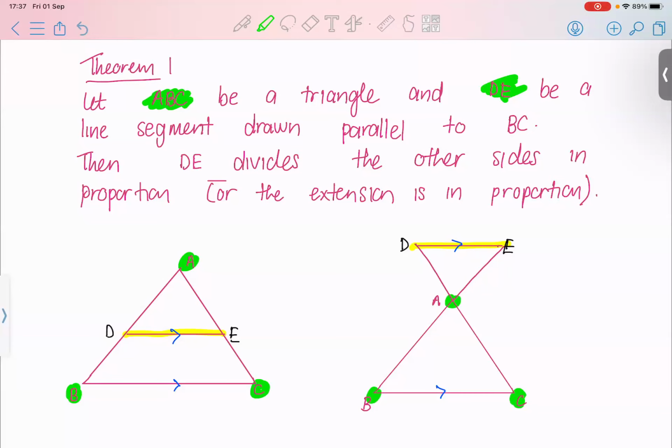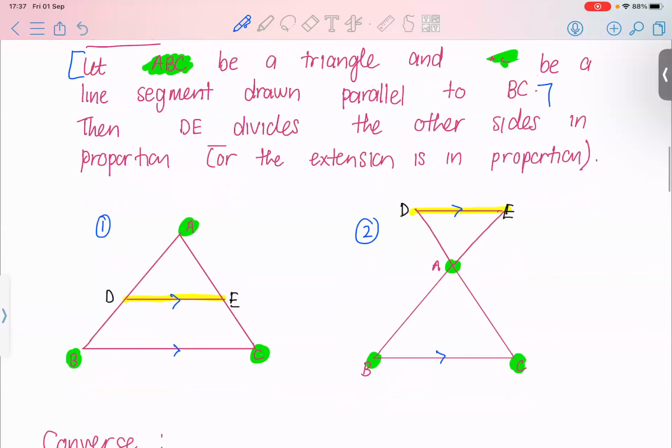So here, DE is drawn internal to the triangle if I look at it in diagram 1. And if I look at it in diagram 2, it is drawn external to the triangle, externally to ABC. Right, so these are two options that one can consider by simply looking at the premise that says you start off with a triangle and that you have a line segment drawn parallel to the one side.